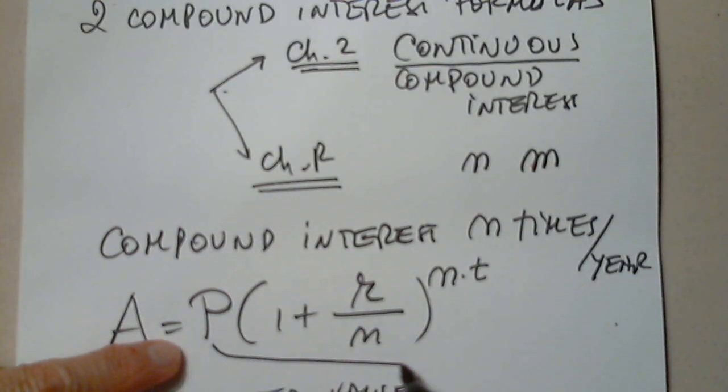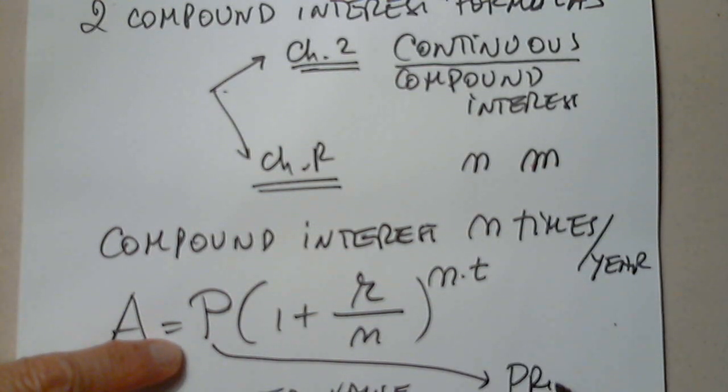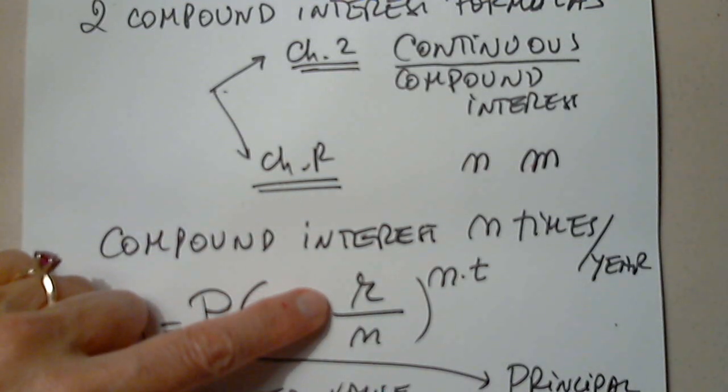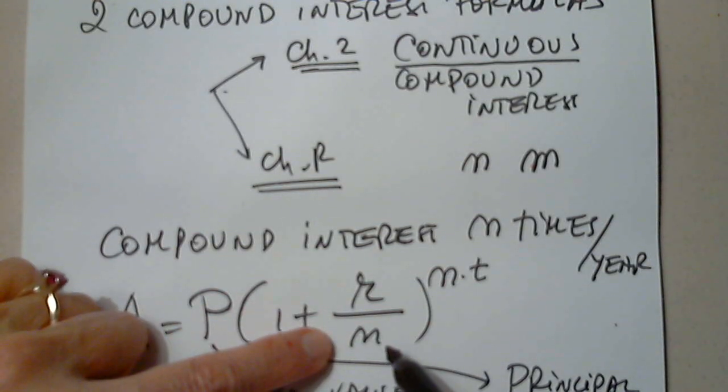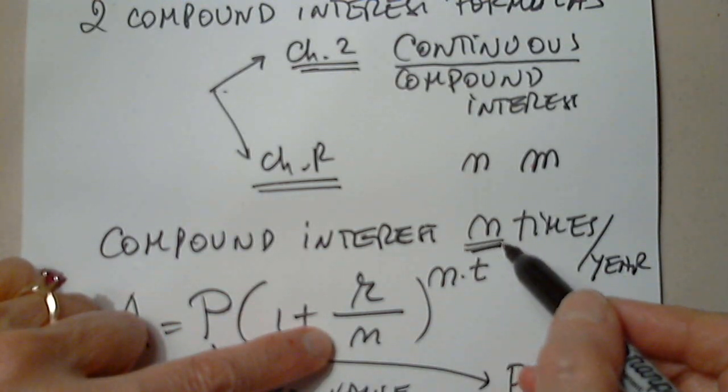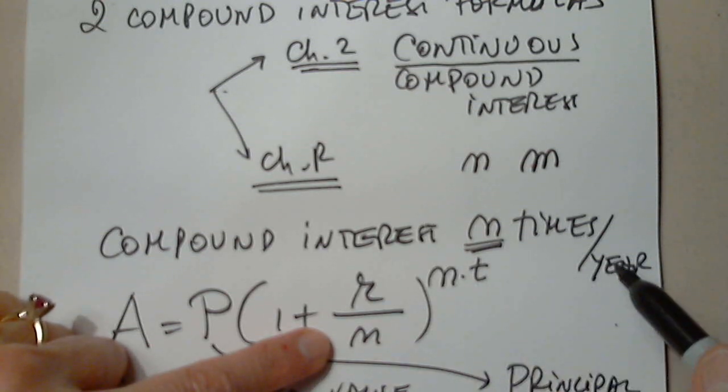This is the principal. P is the principal. R, lowercase r, annual interest rate. N is this. How many times do we recalculate the interest per year?